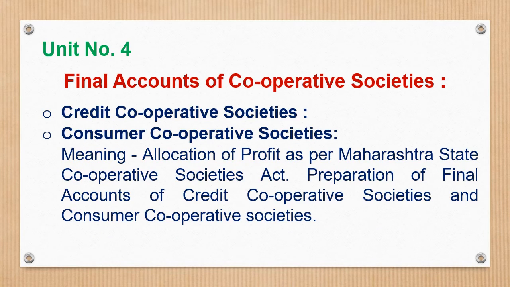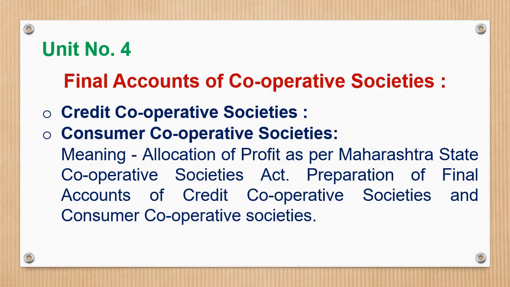This is the last unit for first part, unit number 4, final accounts of cooperative societies. We divided this unit in two parts. First part, credit cooperative societies, and second one, consumer cooperative societies.